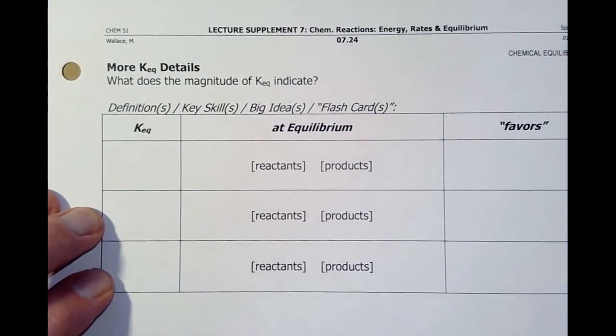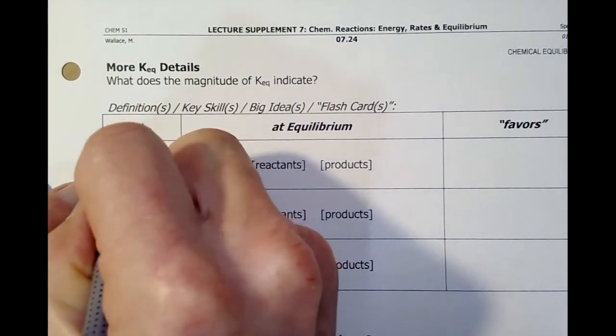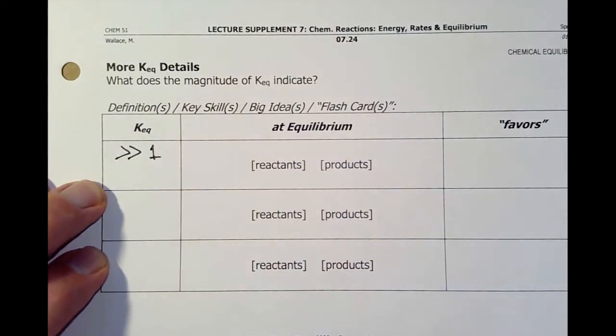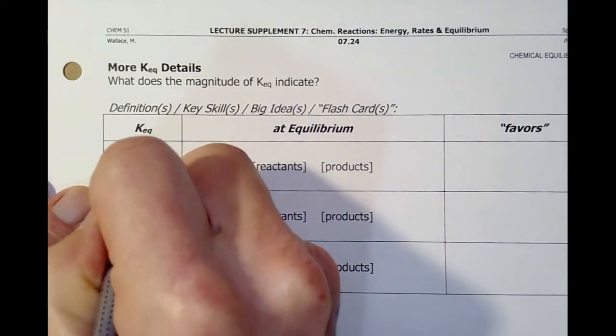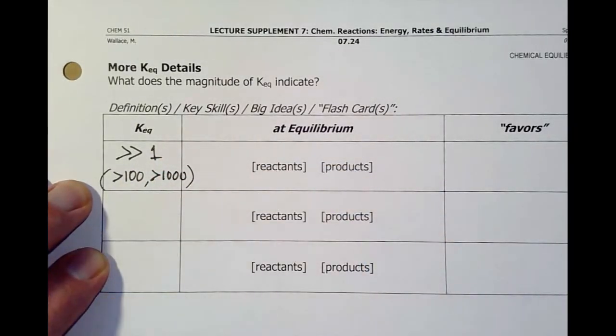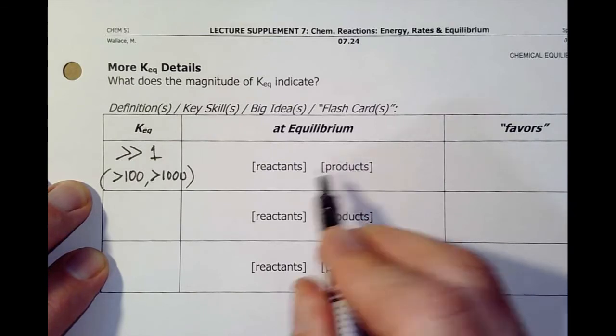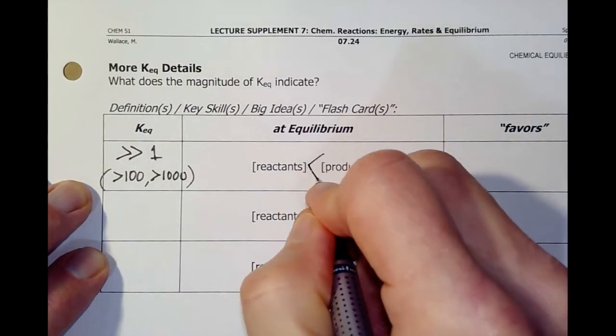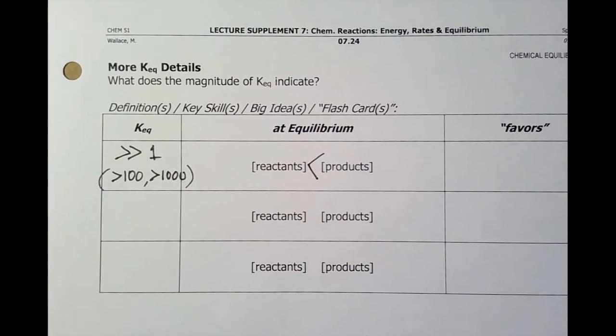Here's what we're going to do. We're going to say if K is a lot bigger than 1, say maybe bigger than 100, bigger than 1,000, we say that the ratio of products to reactants is way more than 1. So the concentration of products is more than the reactants. If K is bigger than 1, we say it favors the products, the concentration of products is greater than that of the reactants.